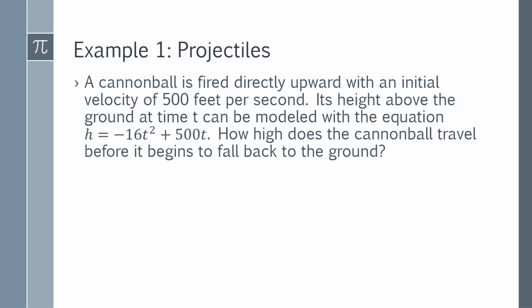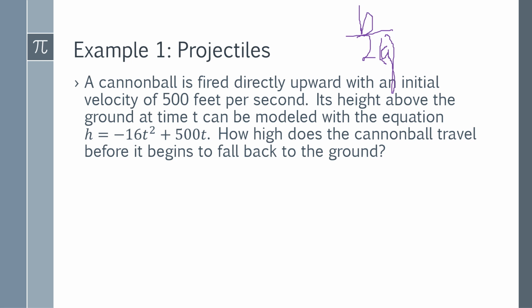So here, to find it, you have to know the vertex. So the vertex is going to be the opposite of B over 2 times A. All right, because remember, 2 times A. So the question is, how high does the cannonball travel before it hits the ground?